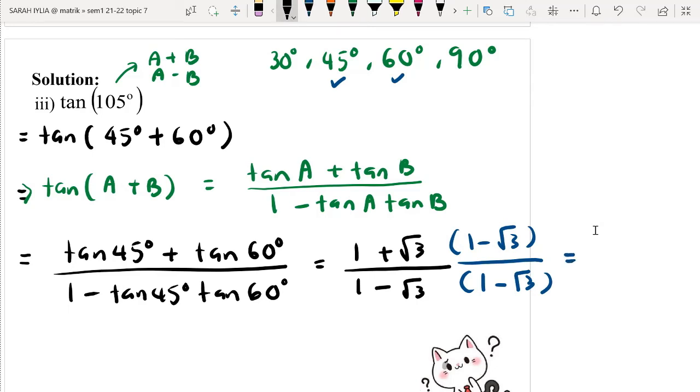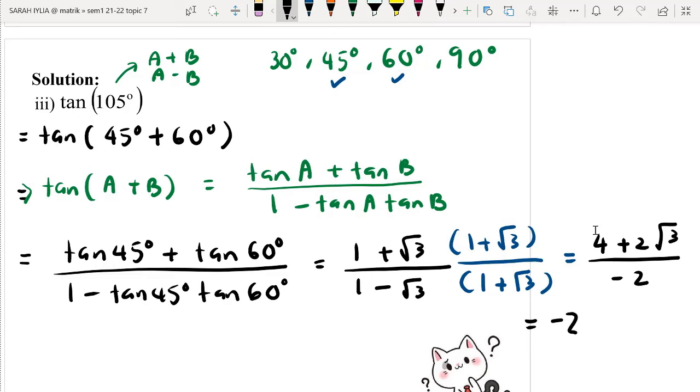So simplify this up. We will get, saya tak ada conjugate pula kat situ. Kita kena times plus lah. Conjugate of denominator. Okay. Maafkan saya. So from there, simplify bahagian atas kita akan dapat 4 plus 2 root 3. Saya skip step. Saya tak tunjuk satu-satu expansion atas tu. Bahagian bawah akan dapat negative 2. So simplify this up once again to make sure our final answer in simplest form.